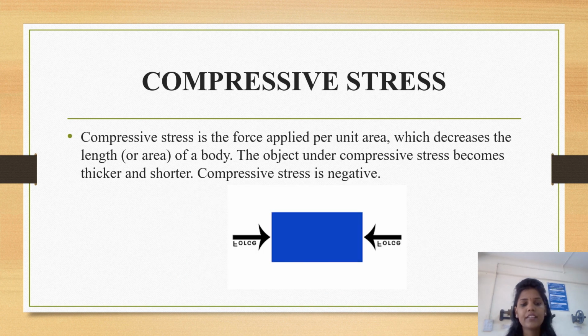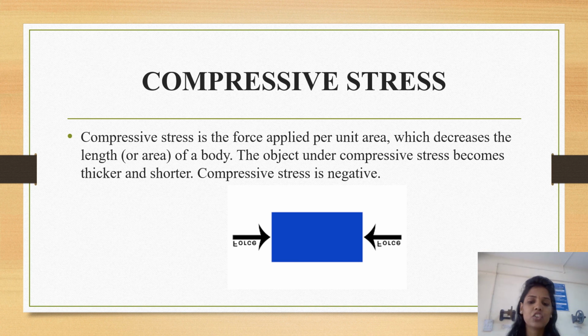The next point is the compressive stress. See in this figure, this body is subjected to the compressive load. The compressive stress is induced in the body due to the compressive load. What is meant by the compressive load? The load which is acting towards the body is called a compressive load.